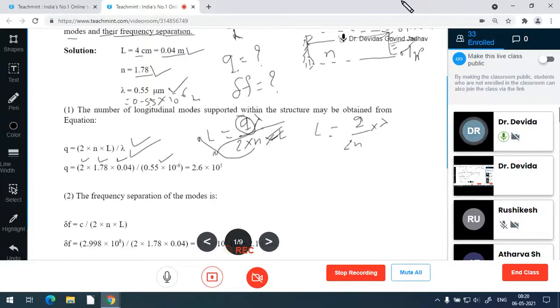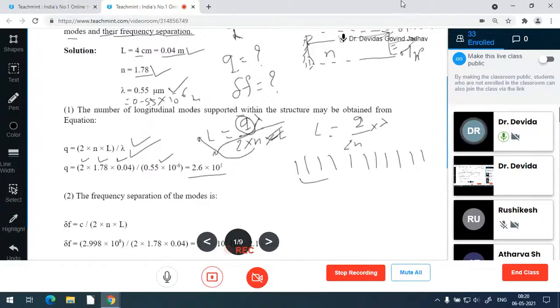So after calculation by calculator, it comes out 2.6 into 10 raised to 5. These many number of modes are possible. These many discrete frequencies are possible.